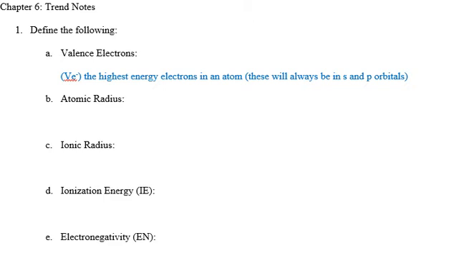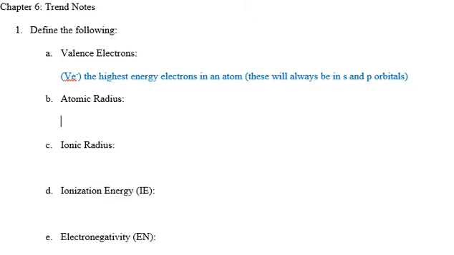Okay, next we have atomic radius. In the book they define it as half the distance between two atoms of the same element that are bonded to each other. That is how we find atomic radius. But when we're talking about a radius of a circle, we're talking about from the center to the outside of the circle. So we're going to keep that the same thing here. For an atom, the center is the nucleus.